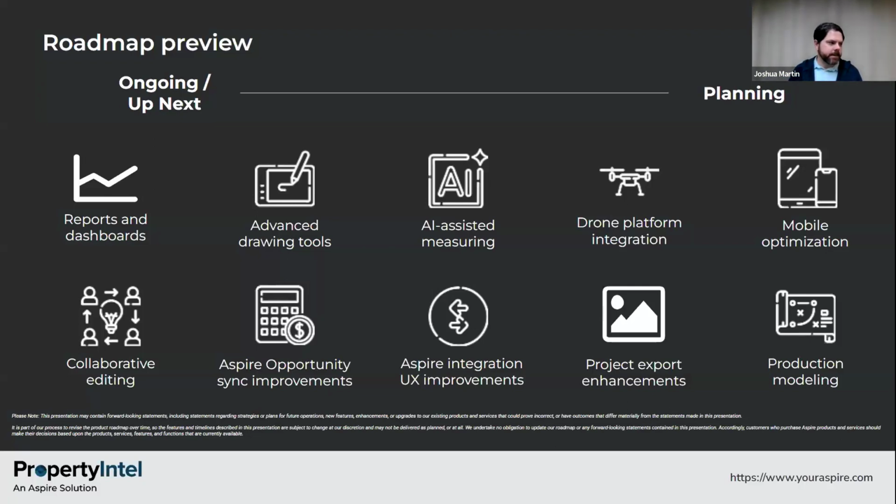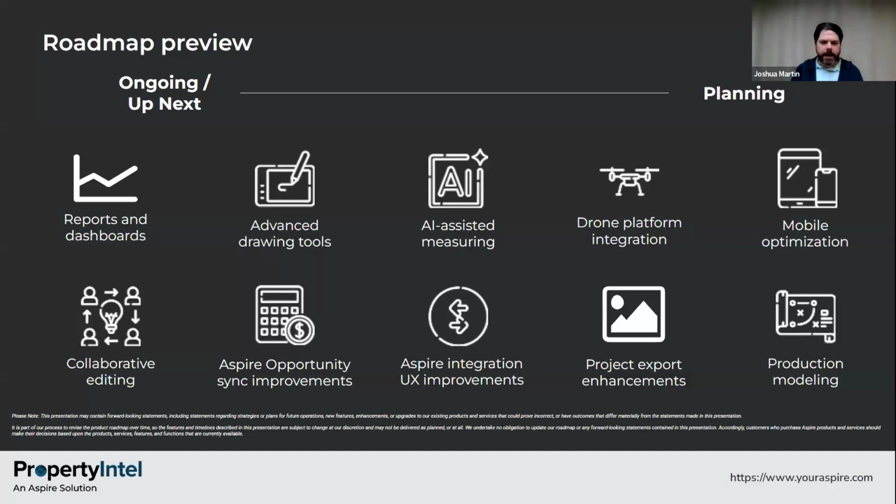Same with Aspire Opportunity Syncs, a lot of improvements there. Specifically, being able to sync one-time items. Also improving some of the things you experience today as an Aspire user. If you reorder the estimate, it ends up breaking the sync for Property Intel because that sort order gets out of whack.